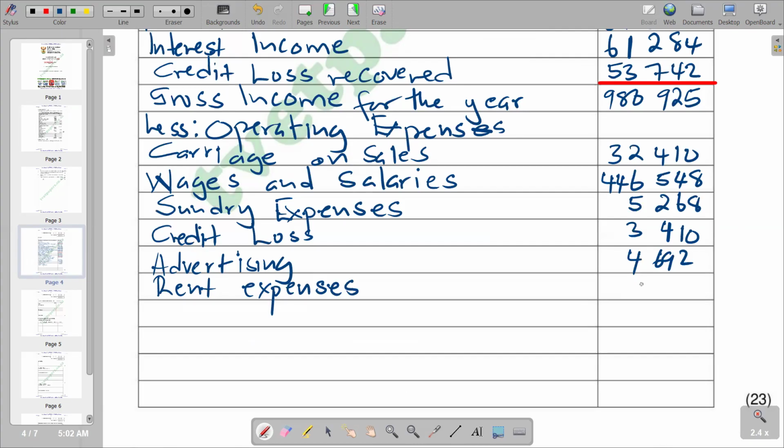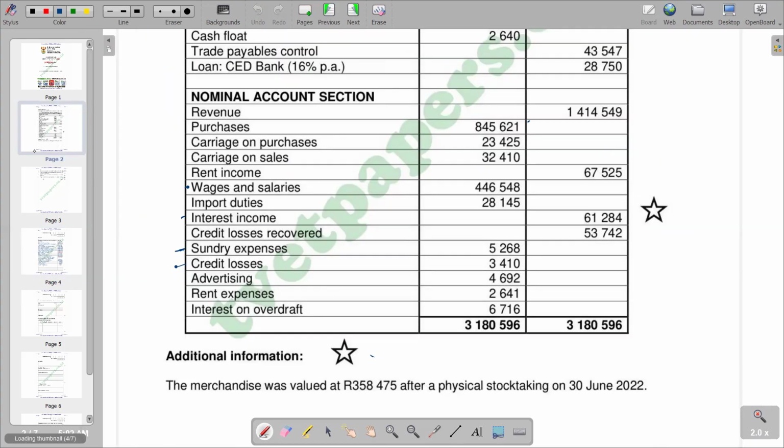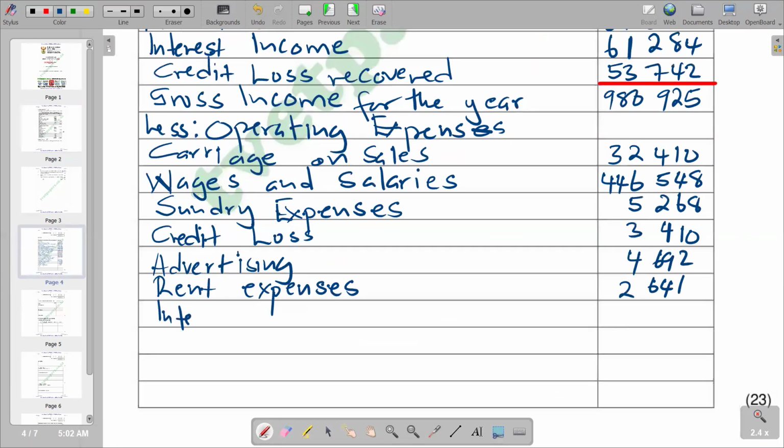Then from rent expenses, we put interest on overdraft, which is 6,760.